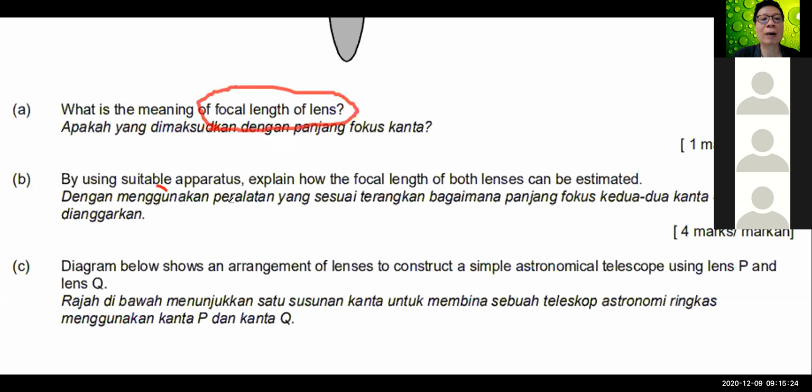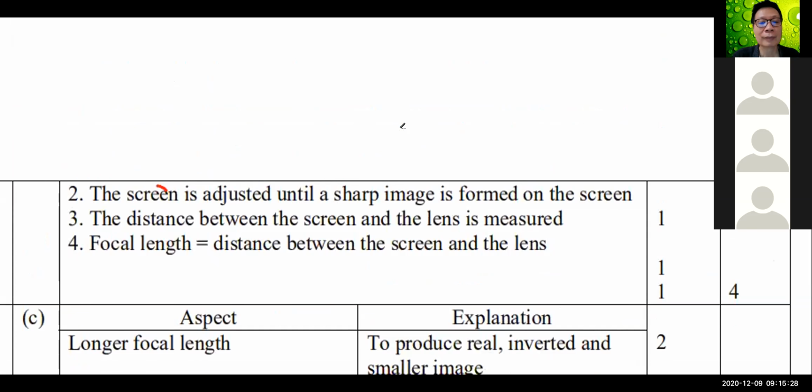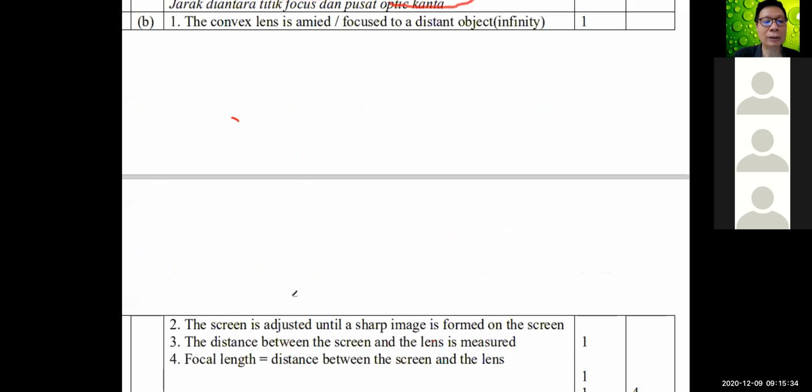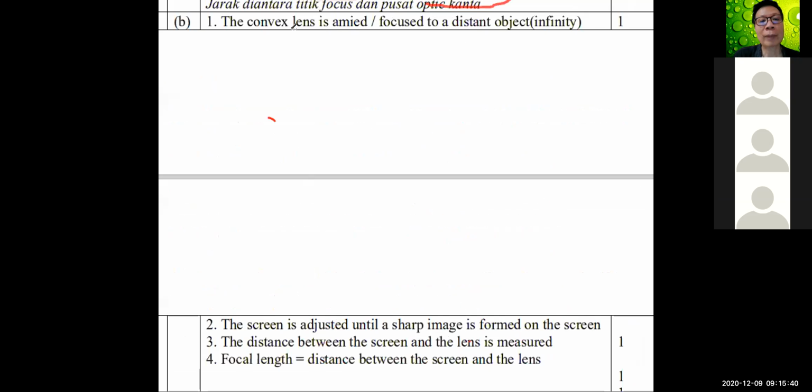Okay, come. The answer. First one, the convex lens is aimed or focused at a distant object outside the window, any object outside.